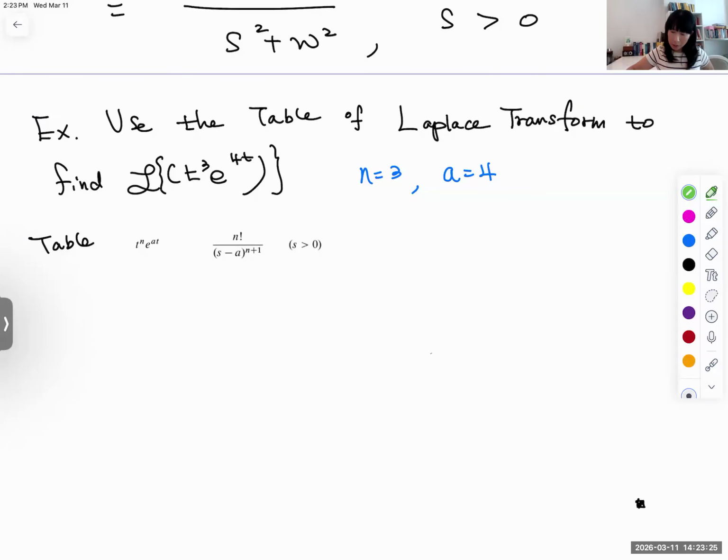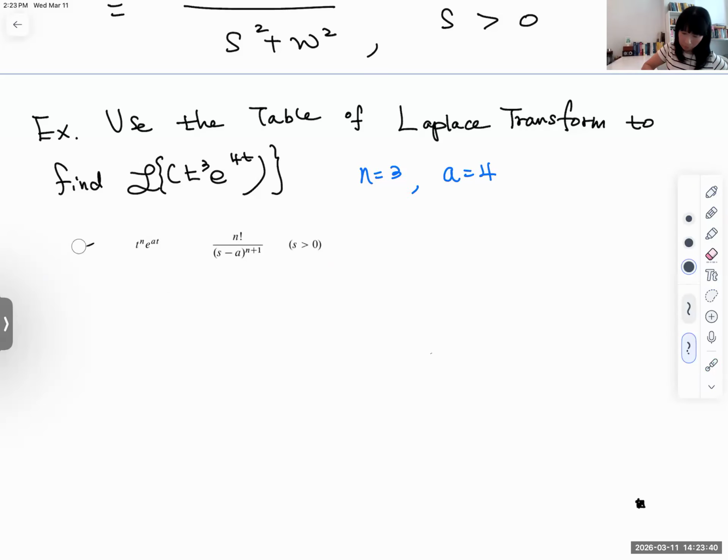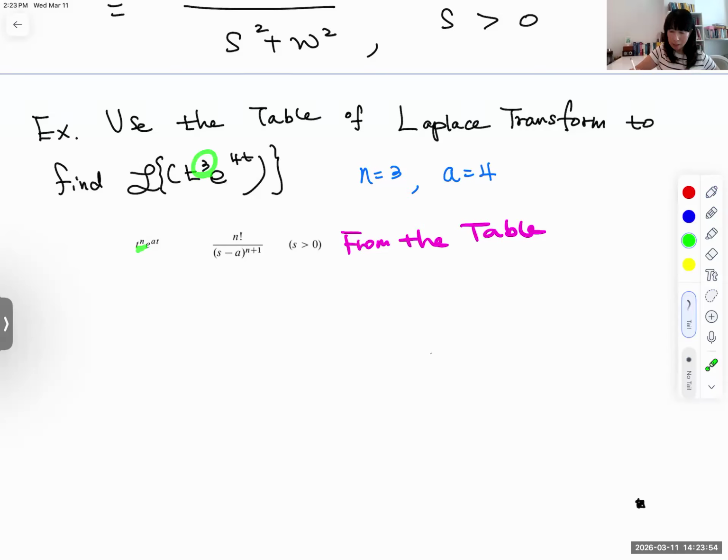Okay, use the table of Laplace transforms to find t to the third power e to the 4t. So this is from the table. t to the n, yeah? So n in this case is 3. And e to the at, a equals 4, right?